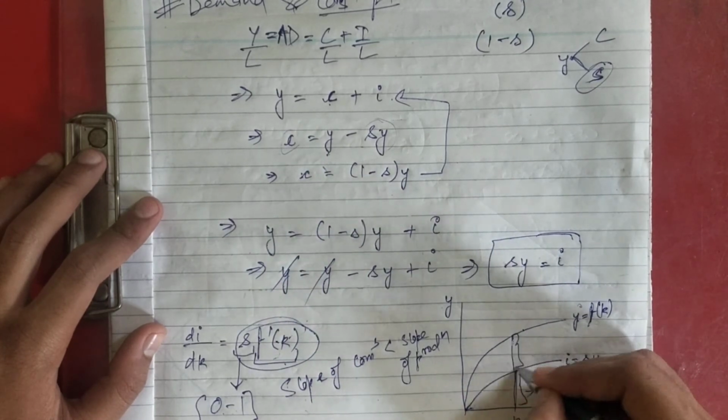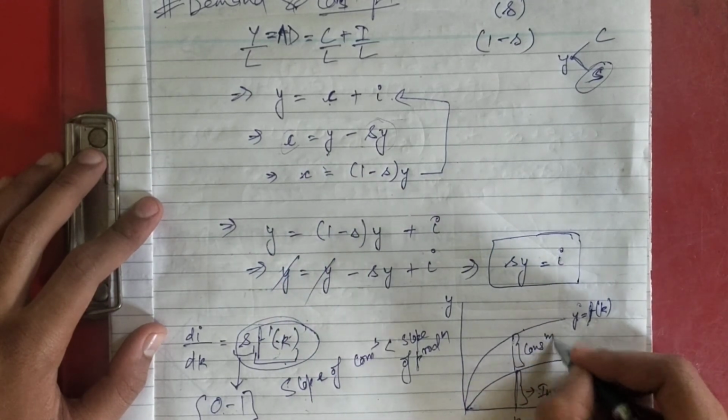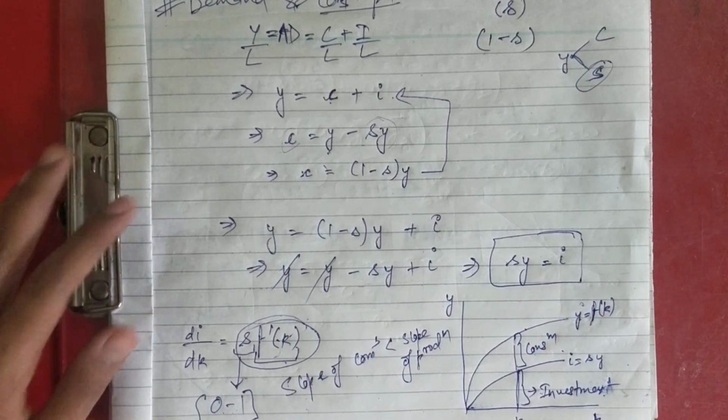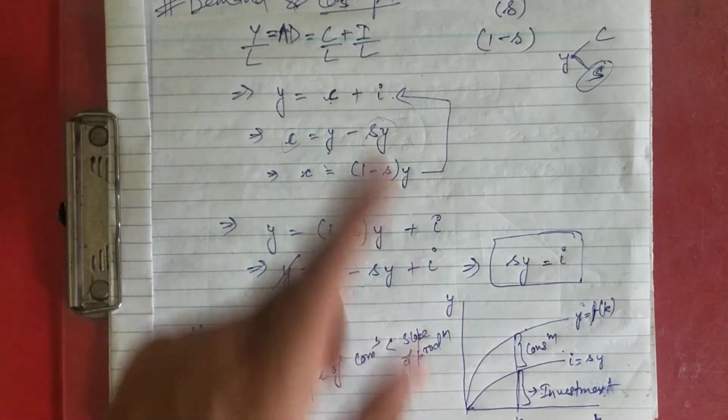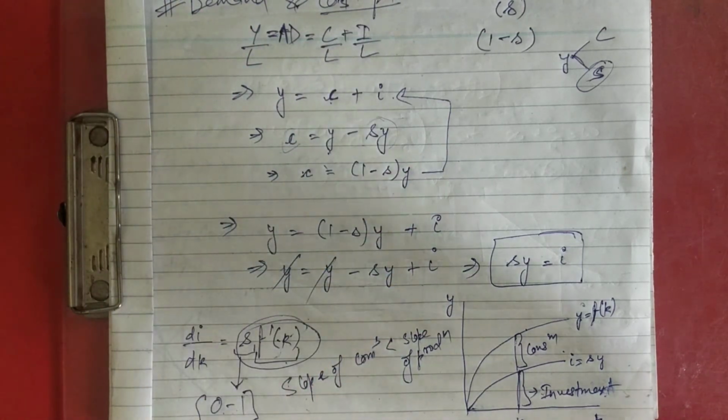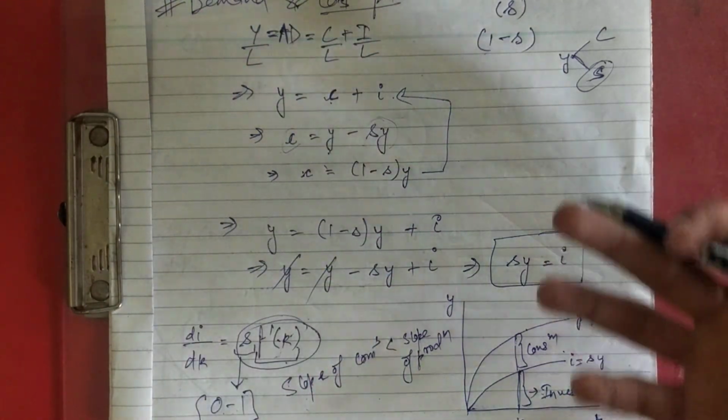So that part is your consumption. This was all about the basics, the demand, the consumption and production function of the Solow model, which will act as a base for the Solow model.